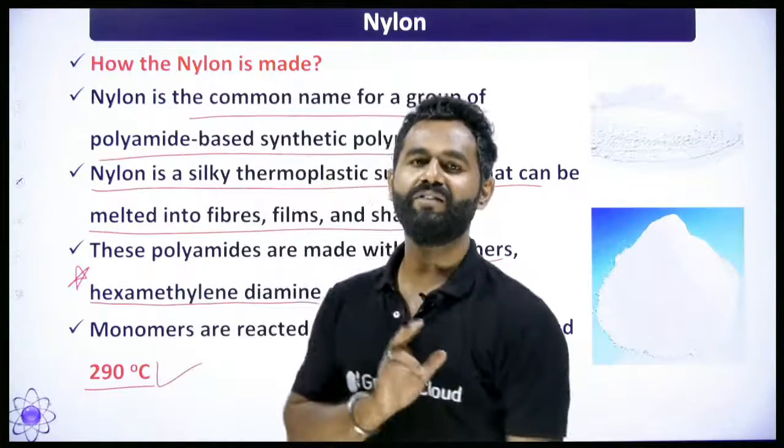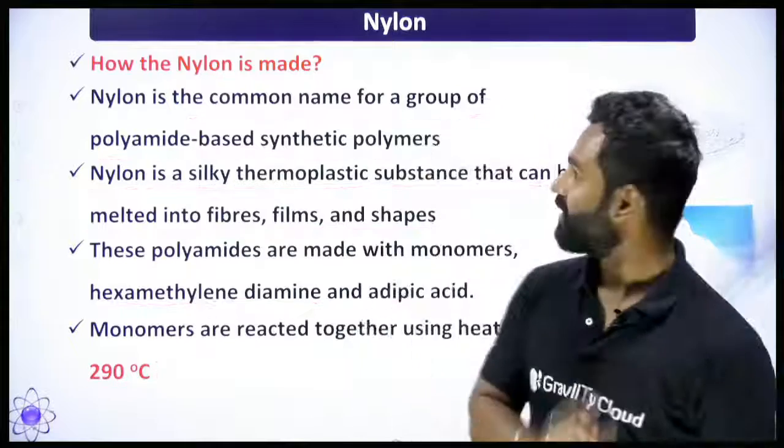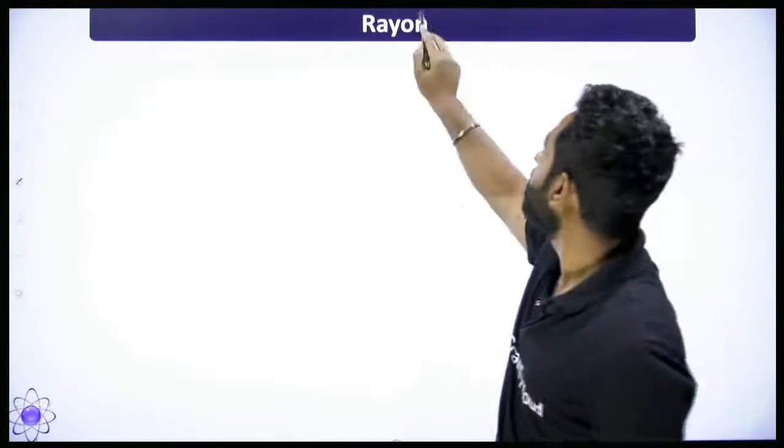Next type of synthetic fiber which we have to understand is the rayon. Now, an important thing I need to ask you: how do we get the silk? Now every woman in India is fond of silk saris, right? Silk is a very important product which we get from a kind of worm or insect called the silkworm.